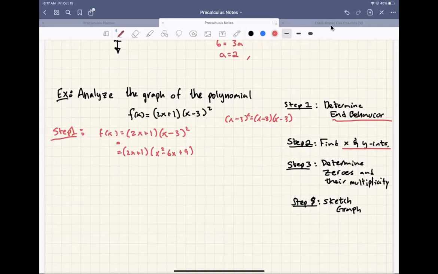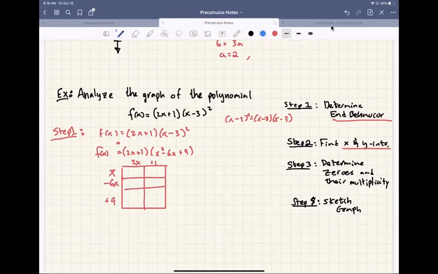Okay. Which we just gotta distribute one more time. I'm gonna use the box method here because I just think it's gonna make my life easier. All right, so we're gonna have x squared minus 6x plus 9 over 2x plus 1.